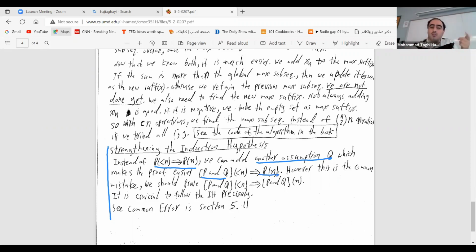However, whenever you are doing that, you need to be careful, because this is not enough. You also need to actually show a stronger thing: P and Q less than N implies P and Q for N. Both of them, not only P, but also Q as well.